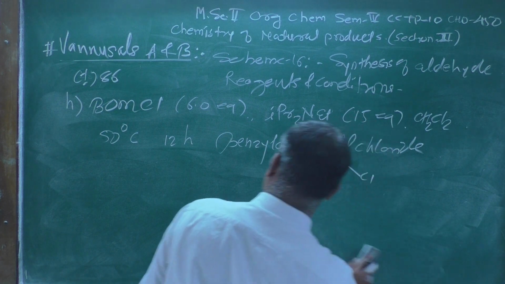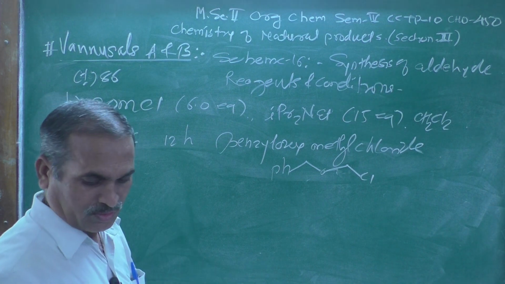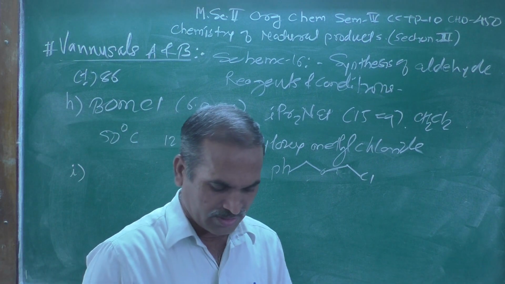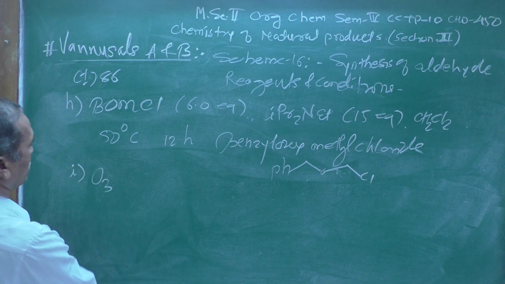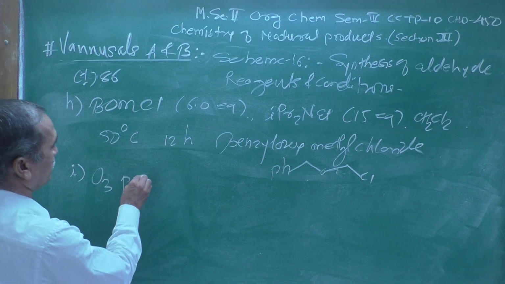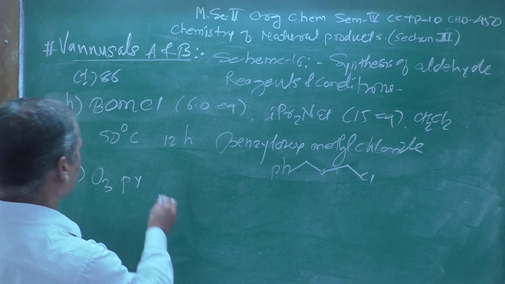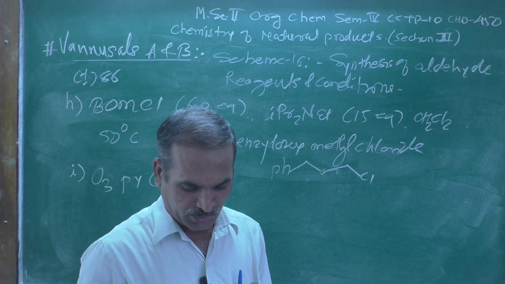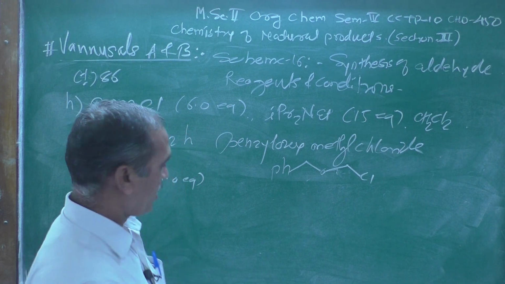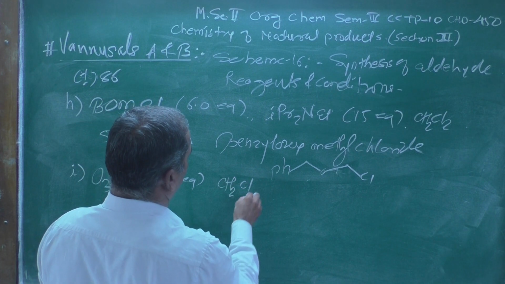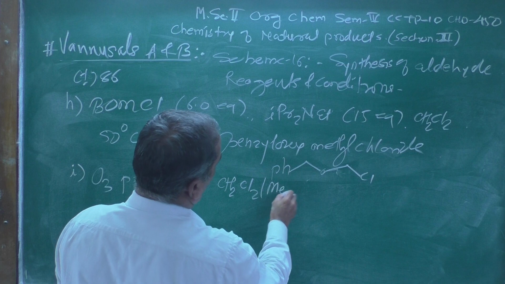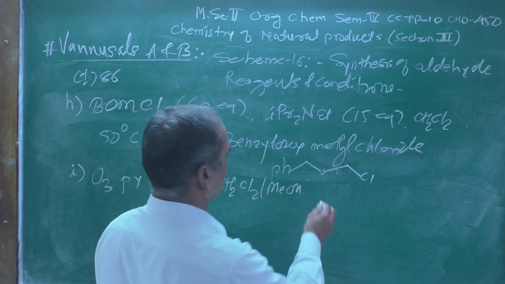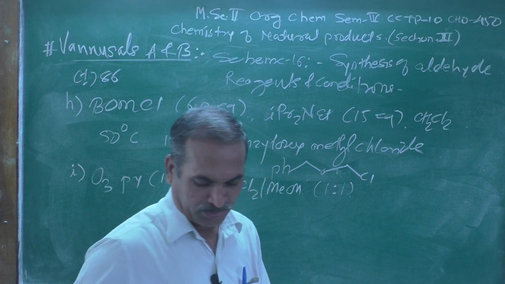And now the next reagent. After J, there is an alphabetical letter used to explain that reagent, that is I, and that I is once again O3, that is ozonolysis, which was carried out in pyridine, 1.0 equivalent, during this transformation, and the mixed solvents used were DCM and methanol in 1:1 proportion.